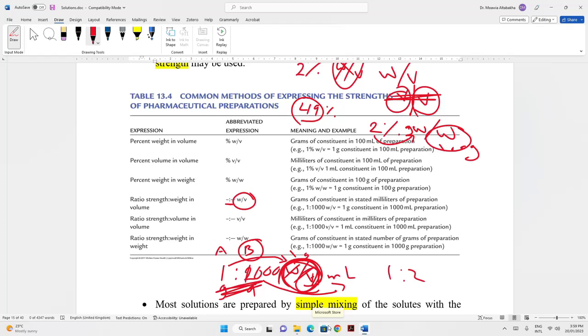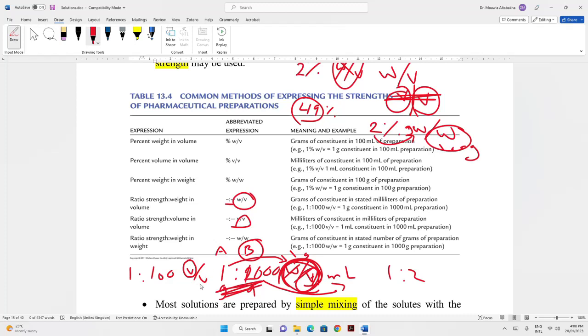Similarly, if I say 1 to 100 V by V, then it means it's 1 ml of the compound or the solute dissolved in 100 ml of the preparation.